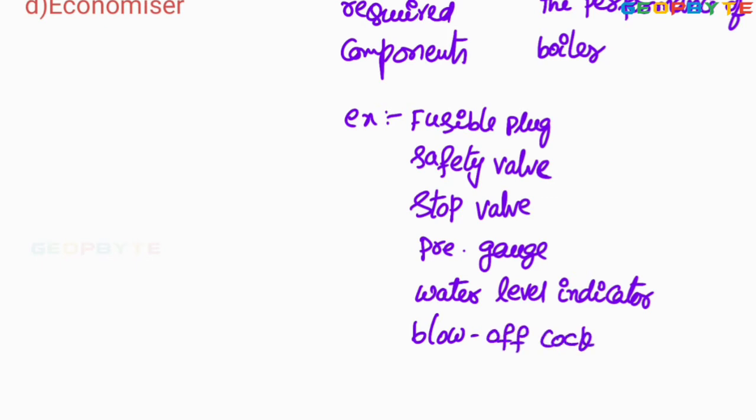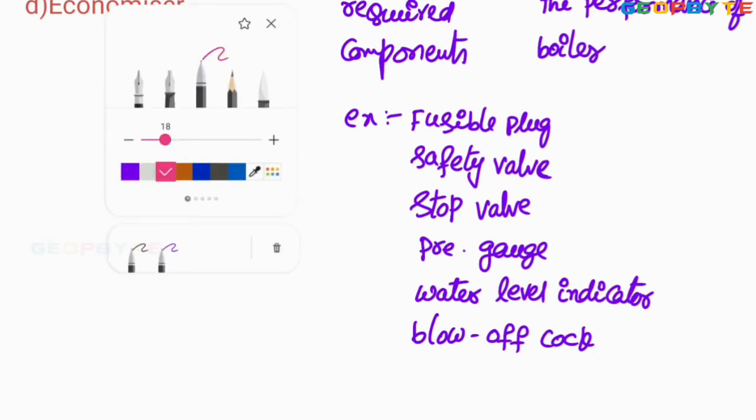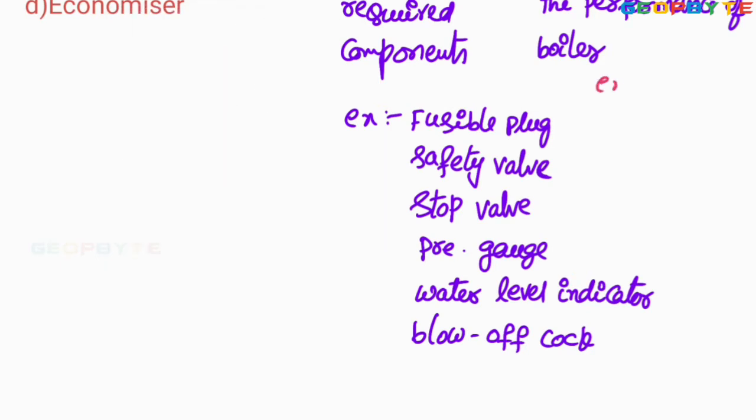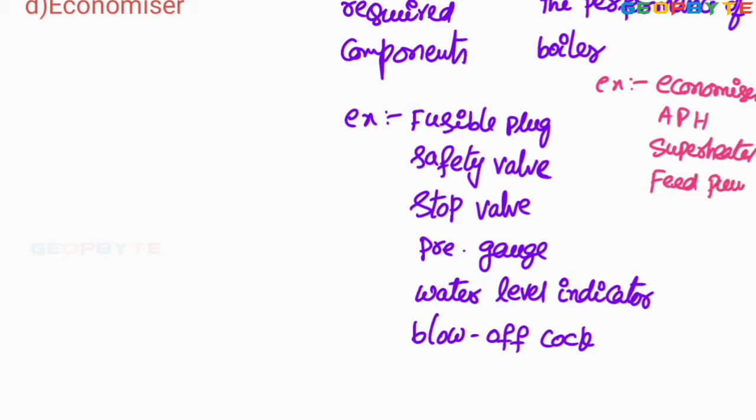These are all coming under boiler mountings. Come to the boiler accessories. Examples: economizer, air preheater, superheater, feed pump. These are all coming under boiler accessories.